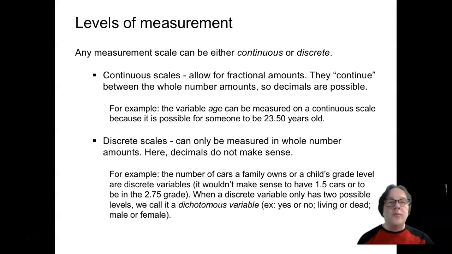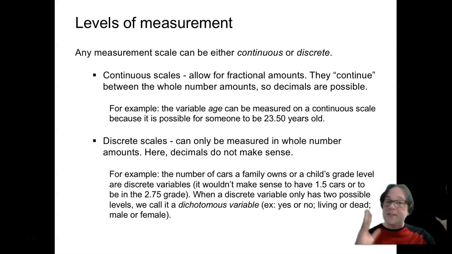However, when we take a look at national statistics about how many cars an average family owns, something like seeing the average family owns 1.5 cars, or the average family has 2.5 children. That makes sense to us because on an individual level, it makes no sense because it's a discrete variable.